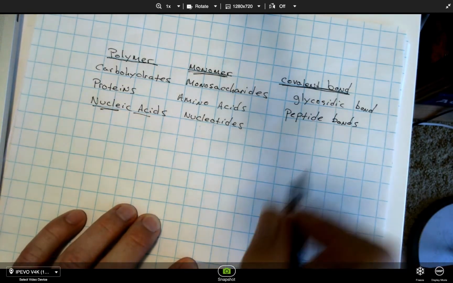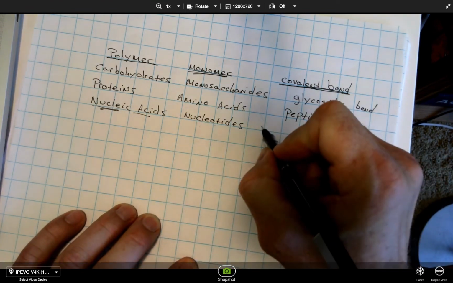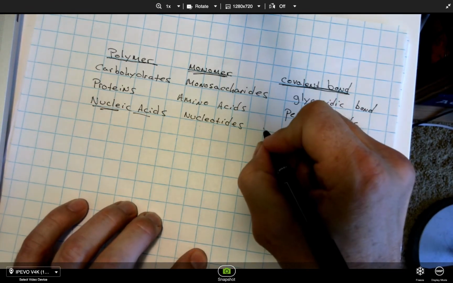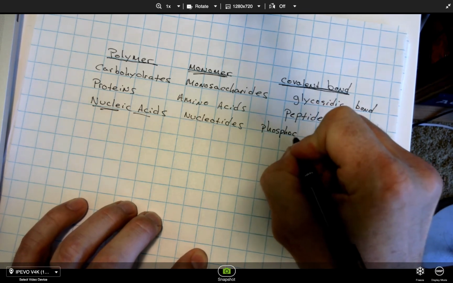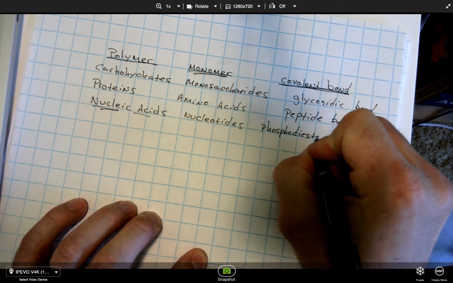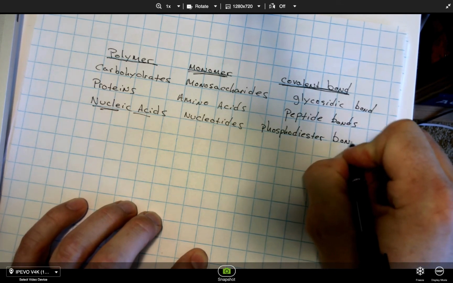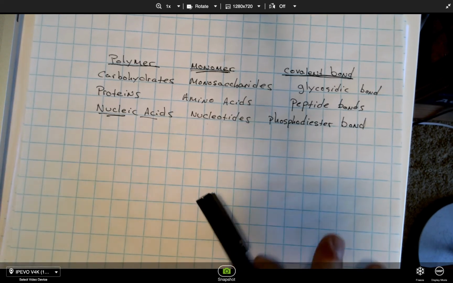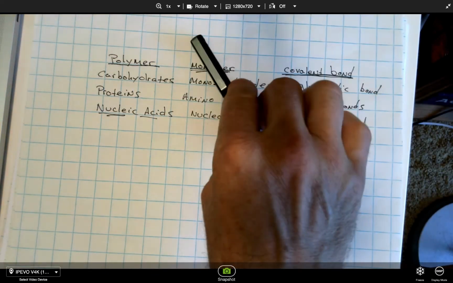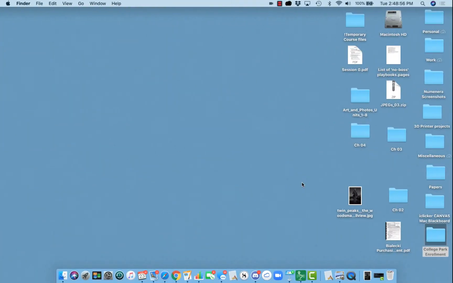And the name of the covalent bond that connects nucleotides together is the phosphodiester bond. You should be filling out tables like this constantly, filling them out, remembering them, filling them out again. And this will be a common way that I suggest that you study in several of the different subjects that we're going to be covering.